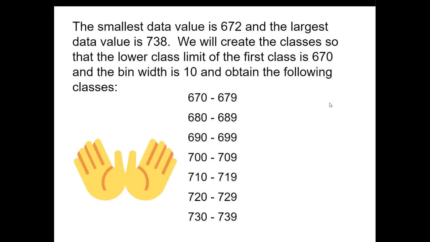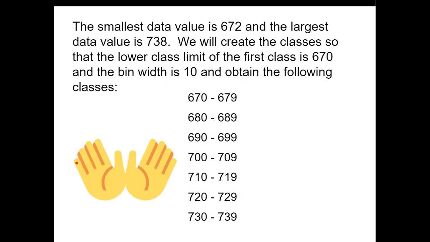So we're going to do the same thing again, but this time we're going to have a bin width of 10. So we can kind of compare what happens when you have different bin widths. Now we're going to go ahead and start with 670 like we did the last time, but this time we want an interval that will be able to enclose 10 numbers. So let's start with the first number.